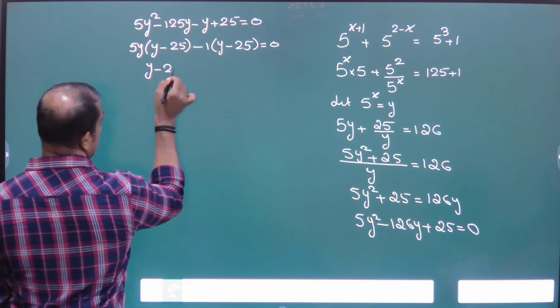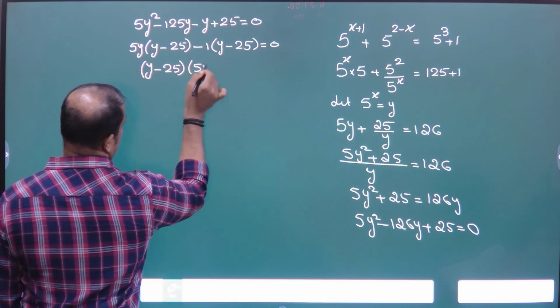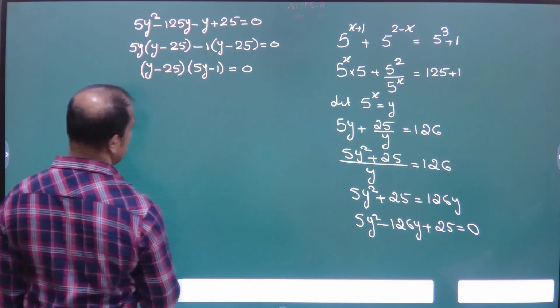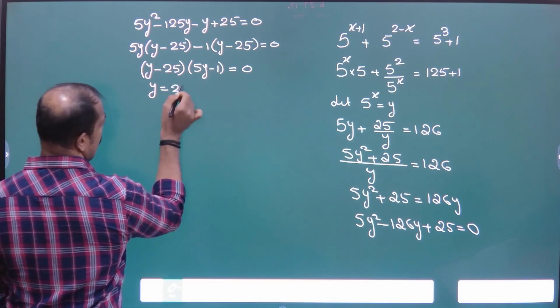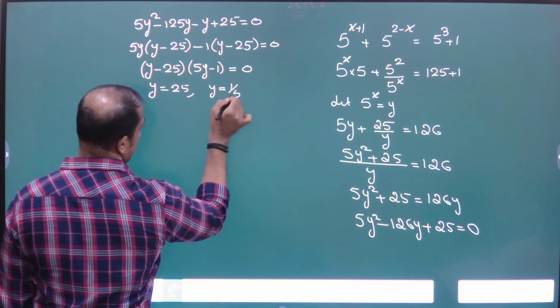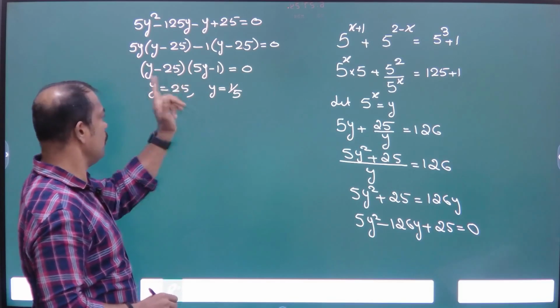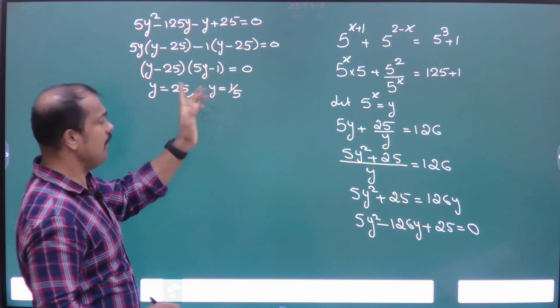So y minus 25 into 5y minus 1 is equal to 0. y equal to 25 or y is equal to 1 by 5. Now y minus 25 equal to 0, y equal to 25. 5y minus 1 equal to 0, y is equal to 1 by 5.